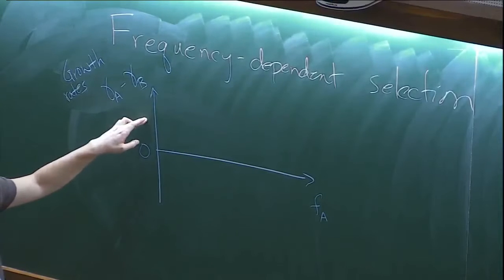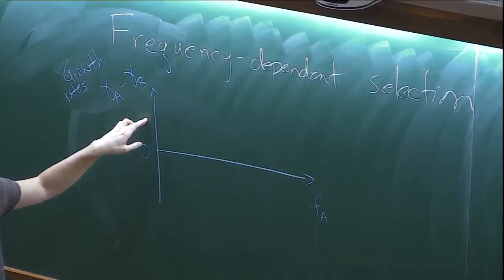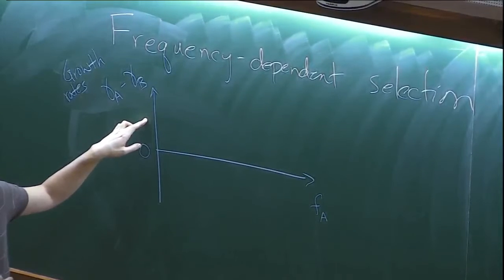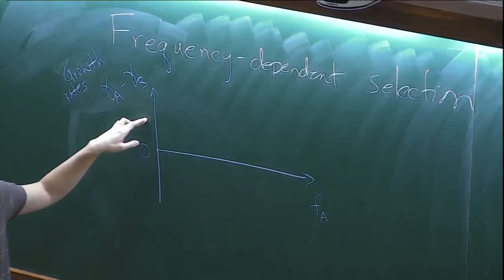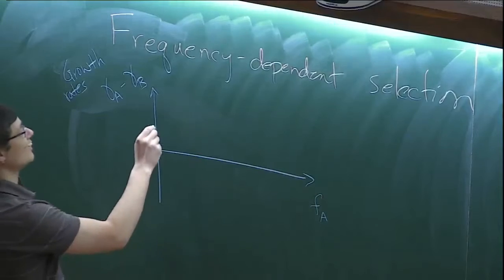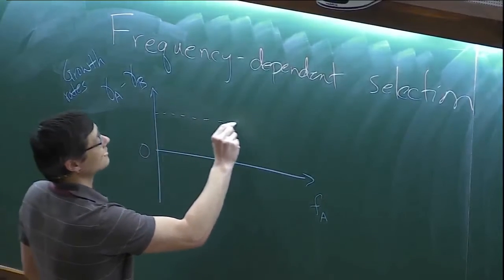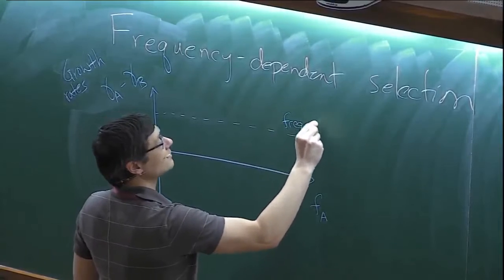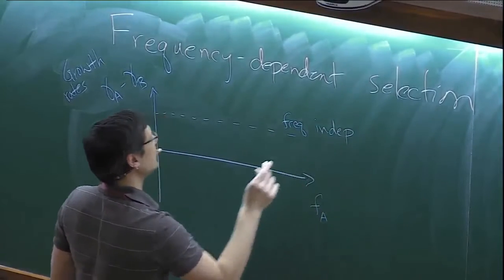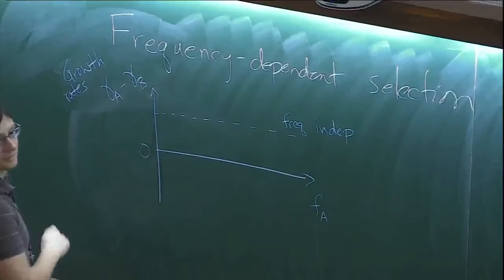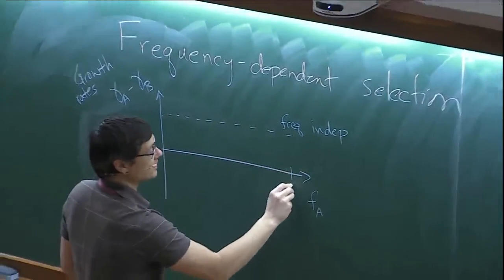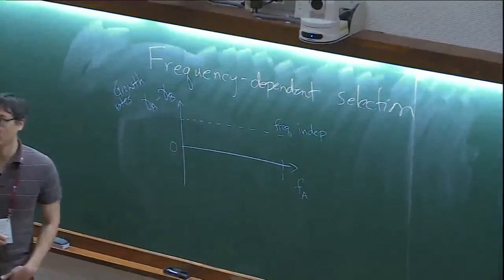Now, if we had frequency-independent selection, that's what we think about as the normal kind of situation of just maybe one type is more fit than another. We might have something that looks like this. This is frequency-independent, because the difference in the fitness does not depend upon the frequency of that mutant in the population.